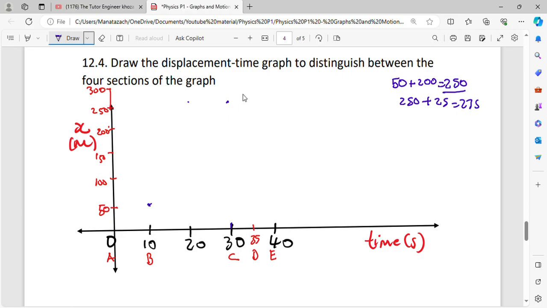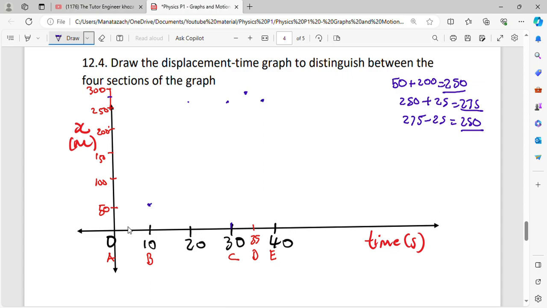So that is point D. So 275 is about here. So let's make a point there, 275. And then at point E, that 275, you're going to subtract, since the displacement between DE was negative, subtract 25, we are back to 250. So we'll mark 250 there.